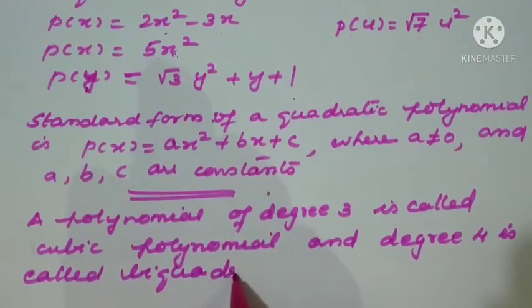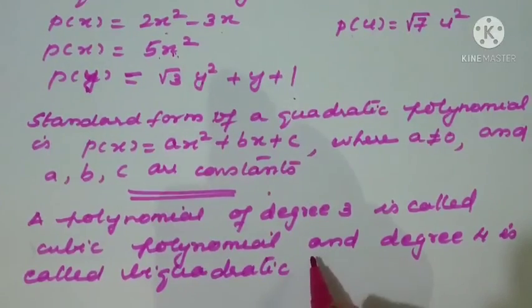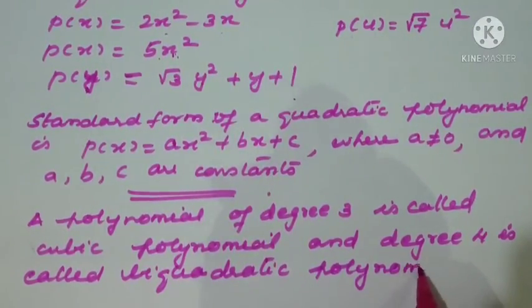So with more examples we can go on with the same topic in the next class. So just learn the names. If it is degree 3, it's called a cubic, and degree 4 is called a biquadratic.